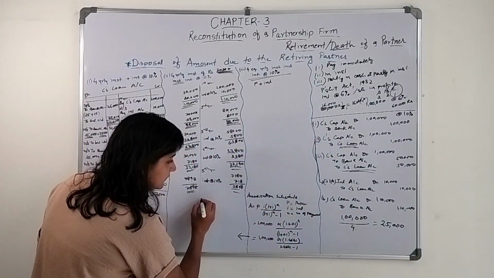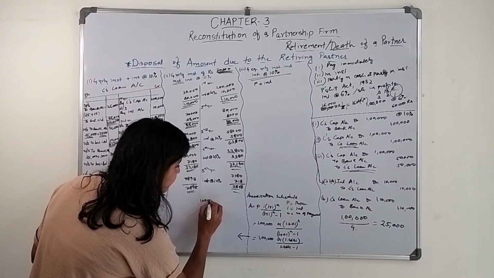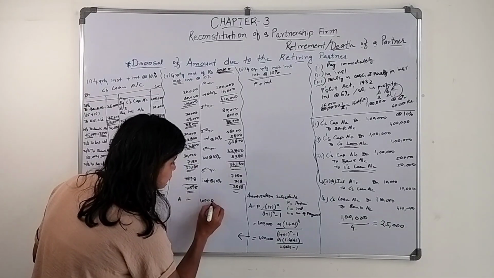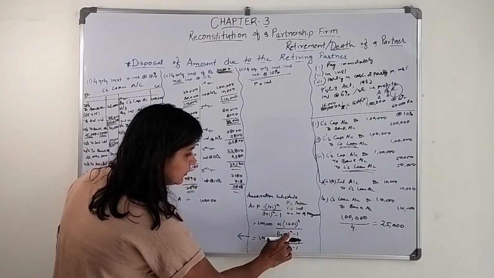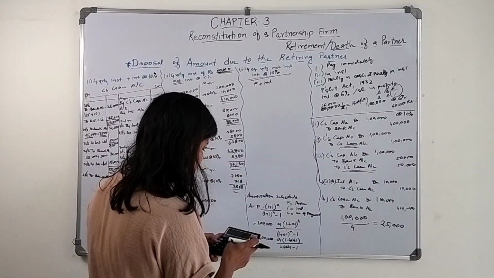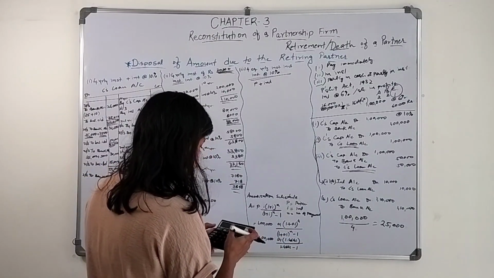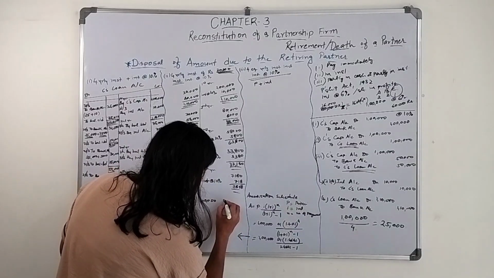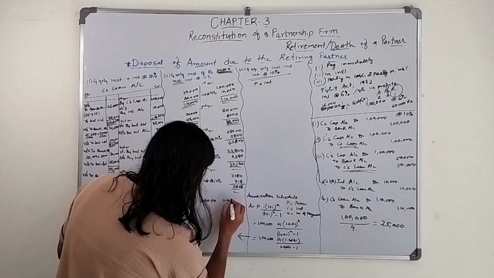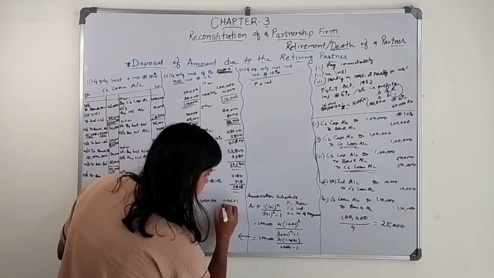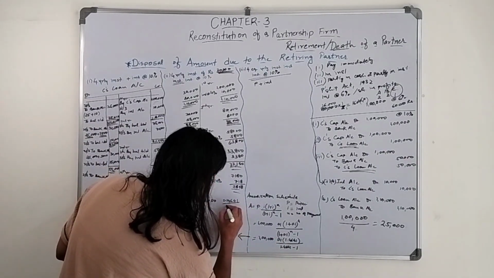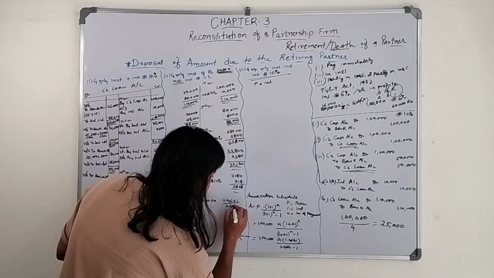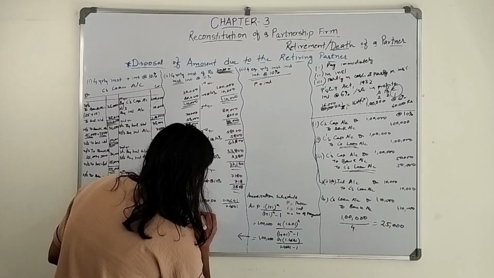So this is 1 lakh. A equals 1 lakh. 0.1 into 1.4641 we will multiply. It's 0.14641 divided by 1.4641 minus 1, that is 0.4641.